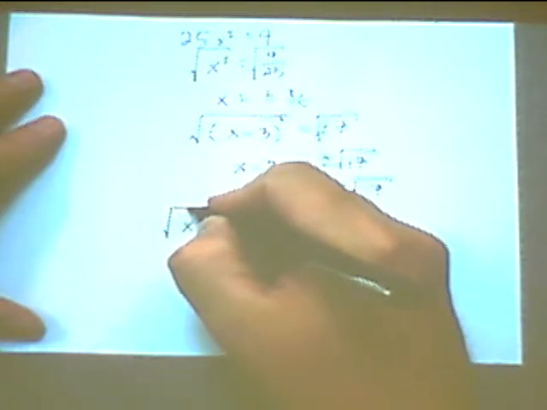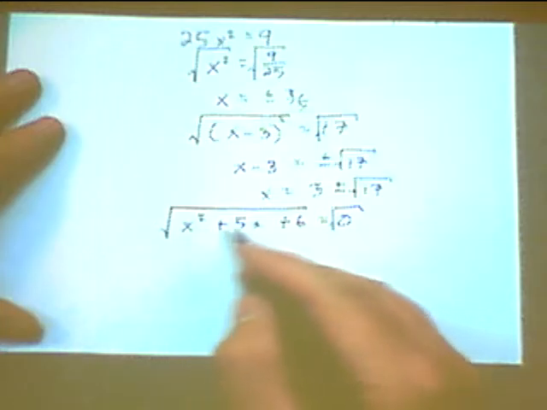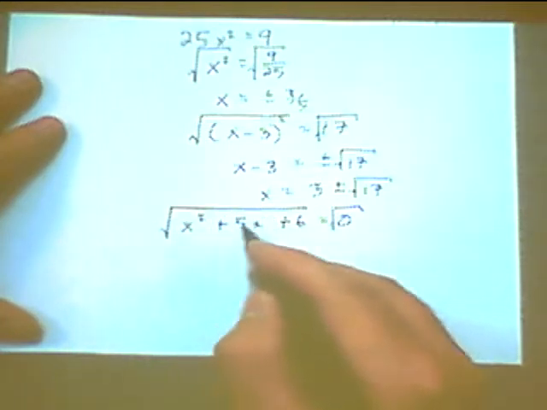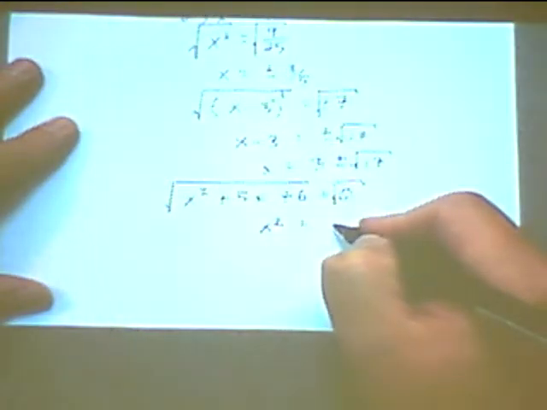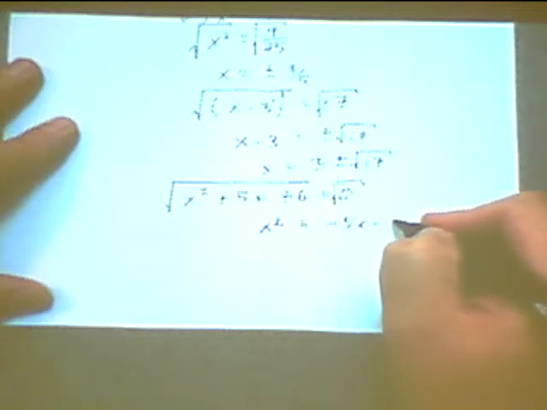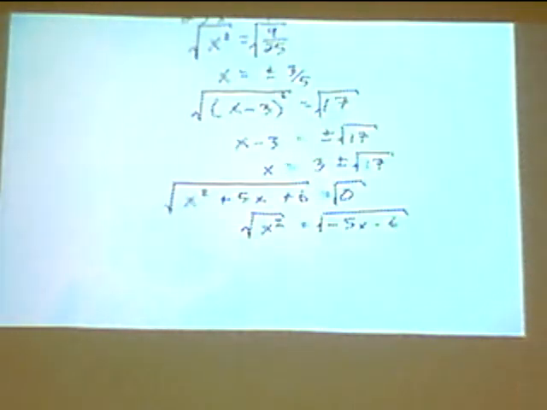The square root property says you take the square root of both sides. But you notice here, I can't really take the square root of x squared plus 5x plus 6. Even if I moved some stuff to the other side and then tried to take the square root, I still cannot do this.